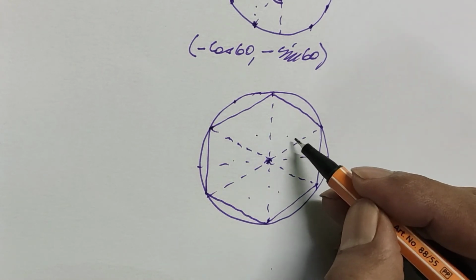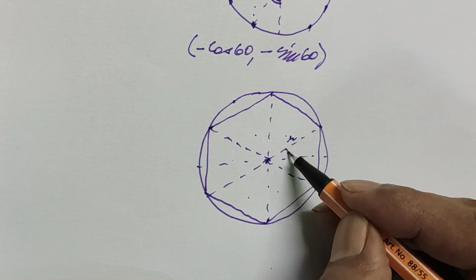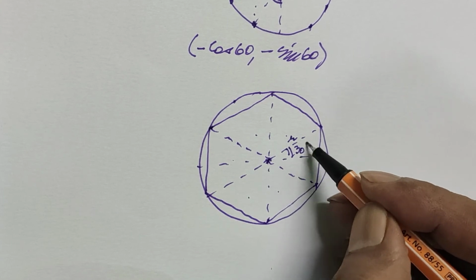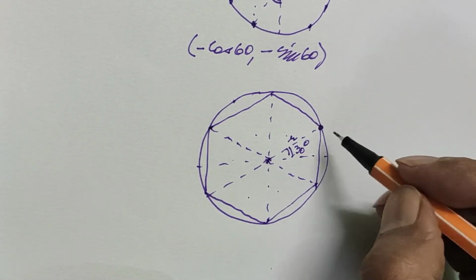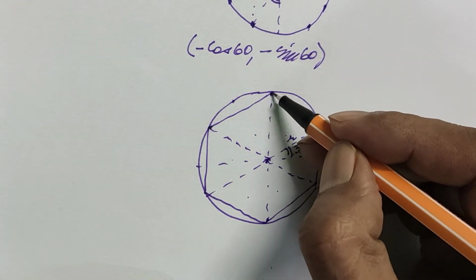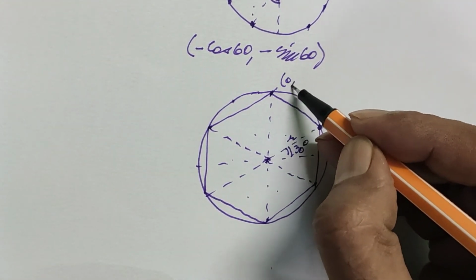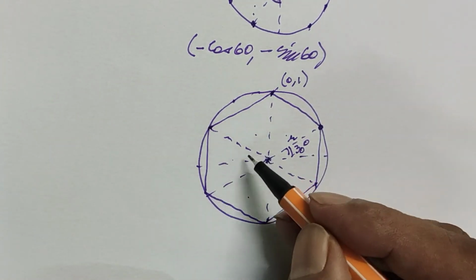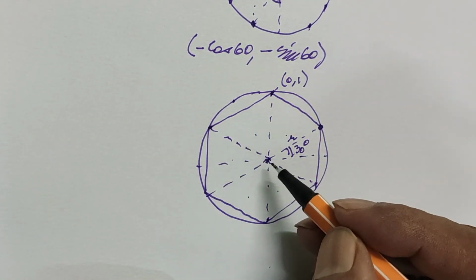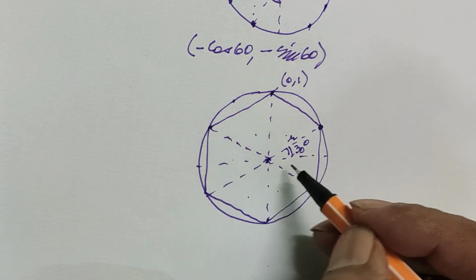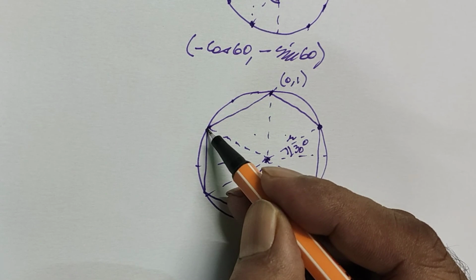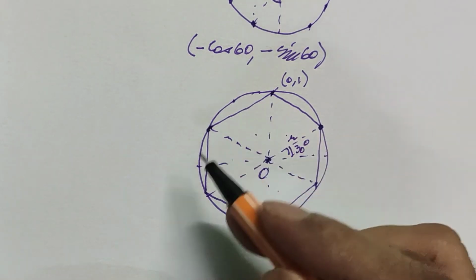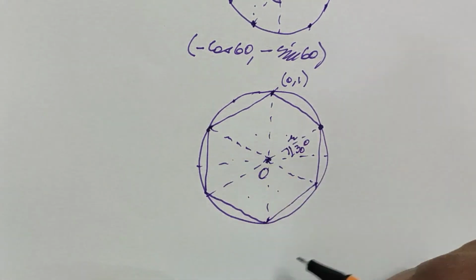Now again, this is R and this is 30. So this coordinate becomes R cos 30, R sin 30. Similarly, this is already known, 0, 1. This is also 30, so R cos 30, R sin 30, but cos is on the negative side, this being the origin, so minus R cos 30, R sin 30. Similarly this. Please solve this by yourself.